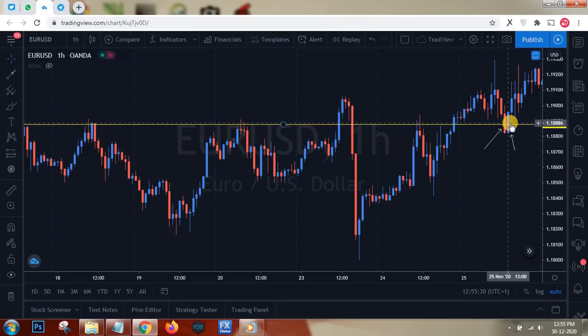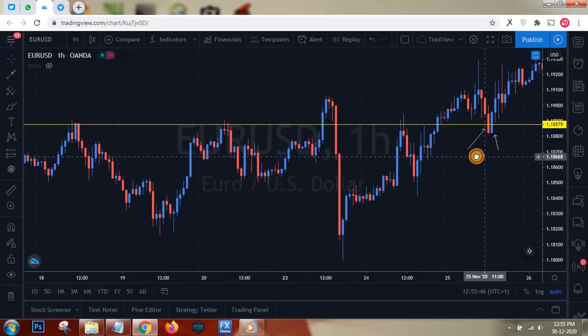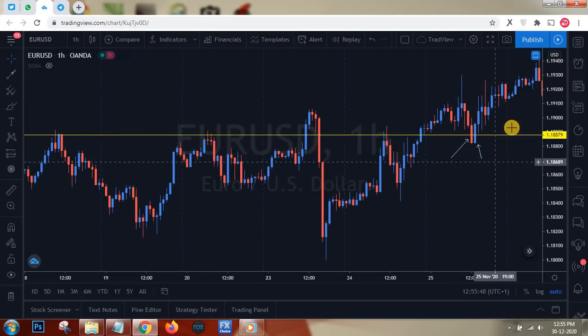It gave us the entry around here, which would have capitalized on another 10 pips. So you're taking 10 pips from here, 10 pips from here. In total, you've taken 20 pips off the market. That's very nice.